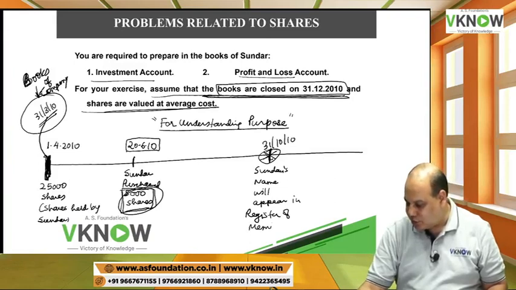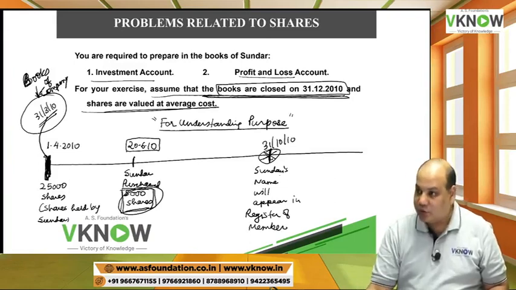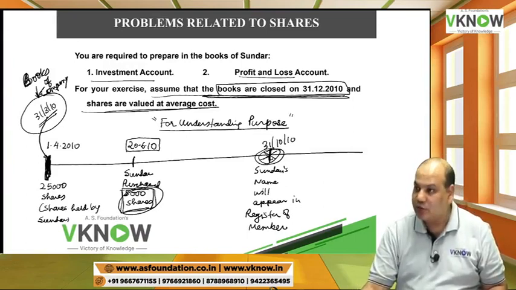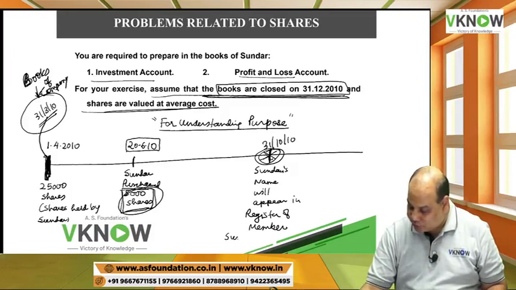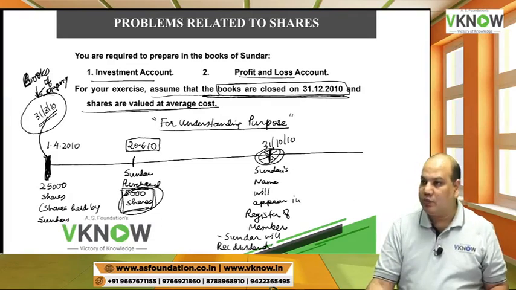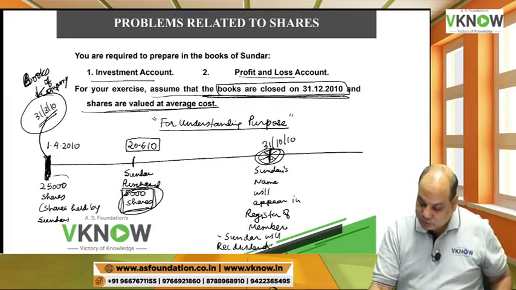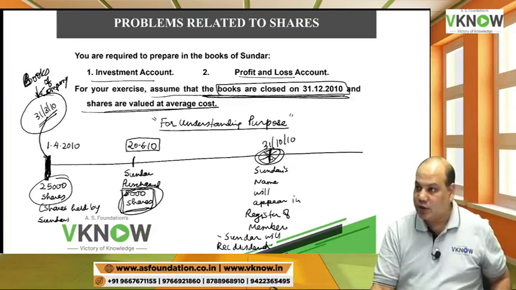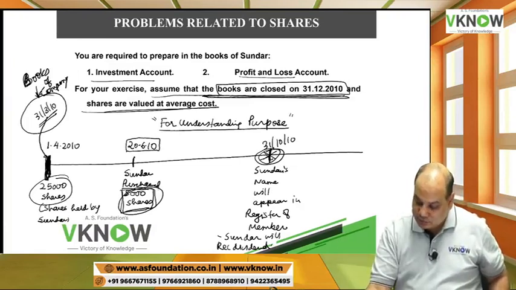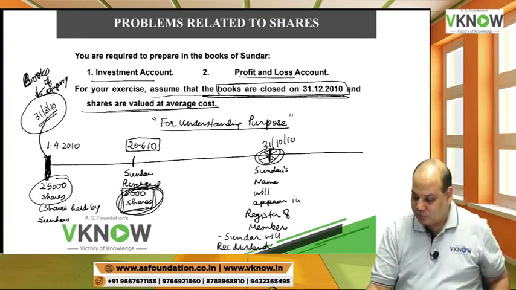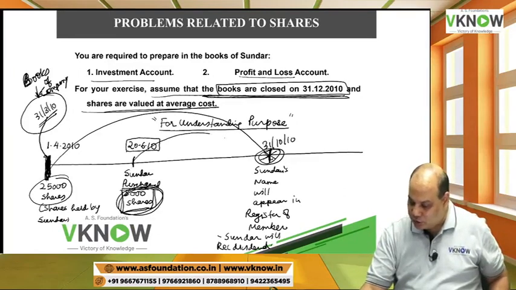I hope this is clear now. So who will receive dividend here? Sundar will receive dividend. Sundar will receive dividend on which share? This 25,000 share as well as 5,000 share. So he will receive dividend on both the share.